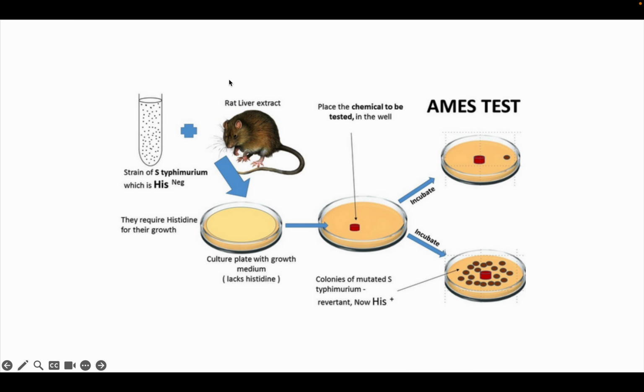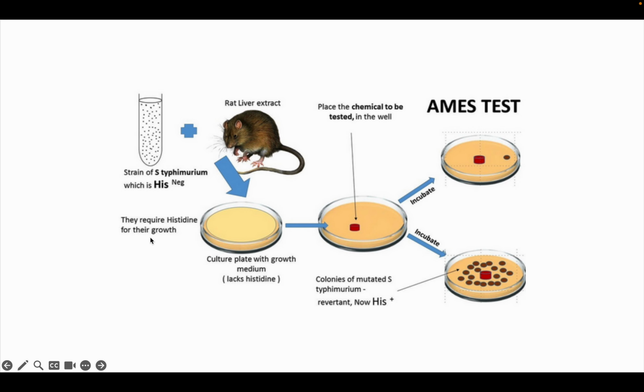So what they did is, they took a strain of Salmonella typhimurium which is histidine negative, which means that they require histidine for their growth. They grew that bacteria on a plate which lacks histidine but contains all the growth medium, including the rat liver extract, which lacks histidine.